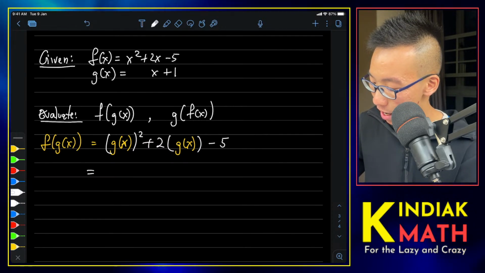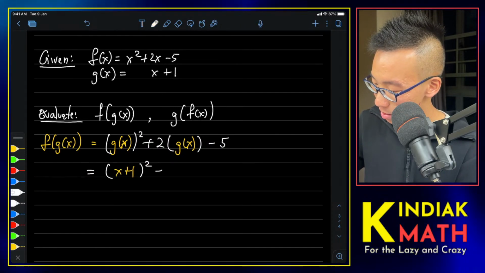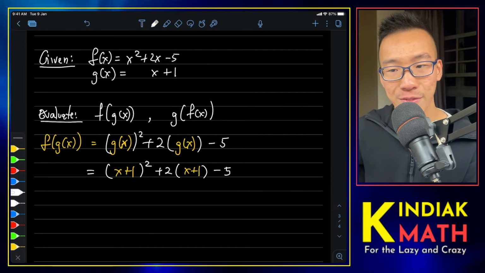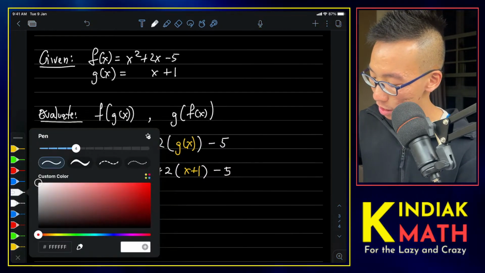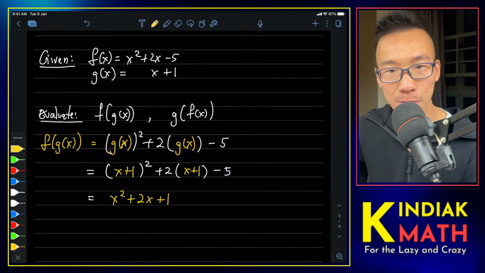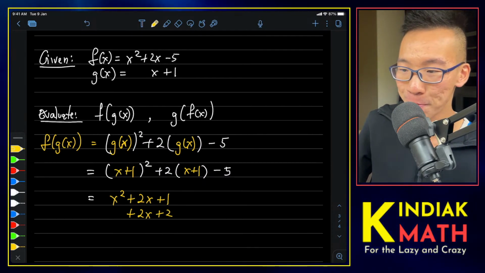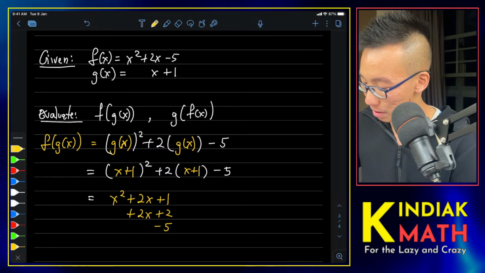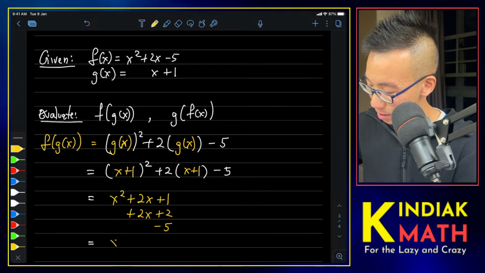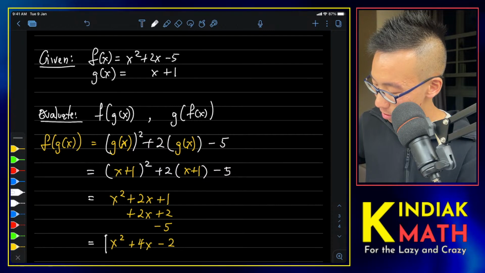So that would simplify to x plus 1 all squared plus 2 times x plus 1 minus 5. And finally, we can do a bit of algebraic expansion for the first term, and a bit of algebraic expansion on the second term. Finally, simplifying that. So the answer is going to be x squared plus 4x minus 2. Right over there.